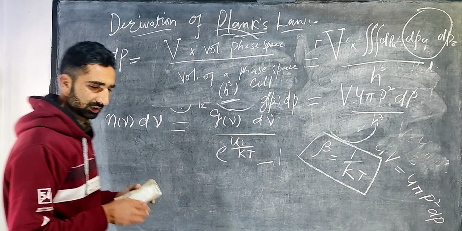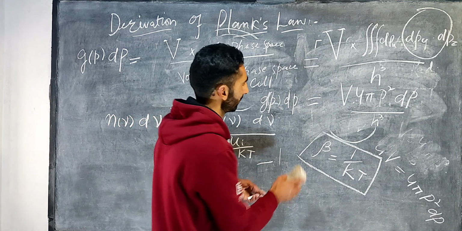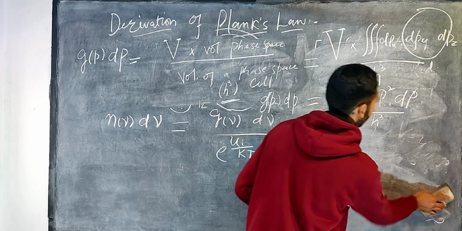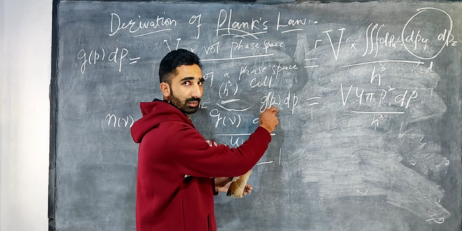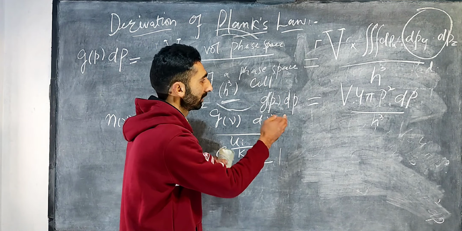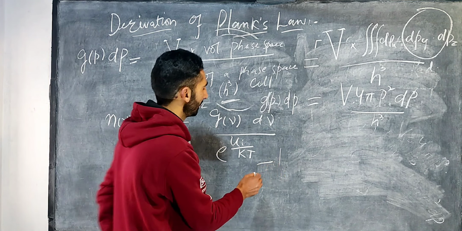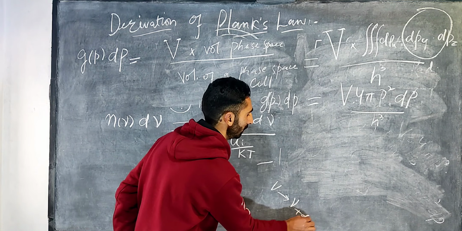Similarly, if we take this in terms of frequency, the number of phase space cells here is in terms of momentum. Now we will take the frequency range which we have considered earlier, nu to nu plus d nu.